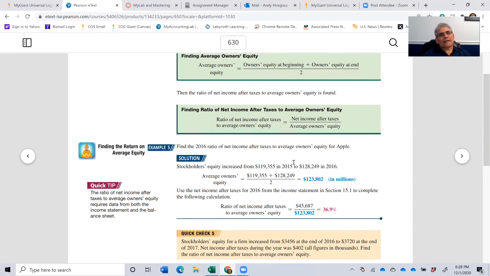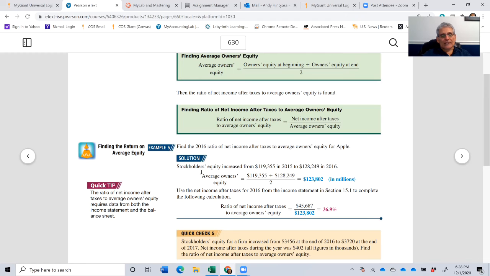Now, you might get confused. You're saying, well, how do I come up with the beginning? Since we're dealing with 2016, then we know what the ending is. That's whatever's listed on the balance sheet. But now what is the beginning? Well, the beginning is going to be equal to the ending of the prior year.